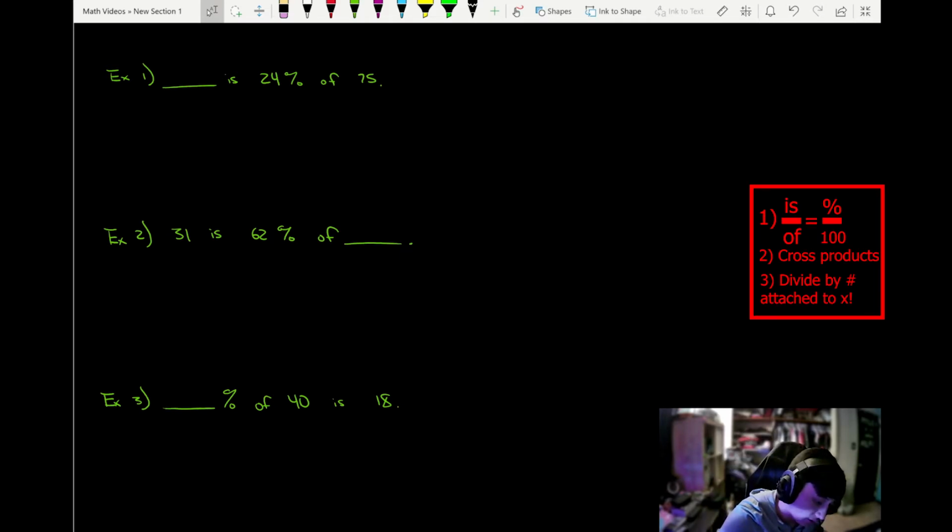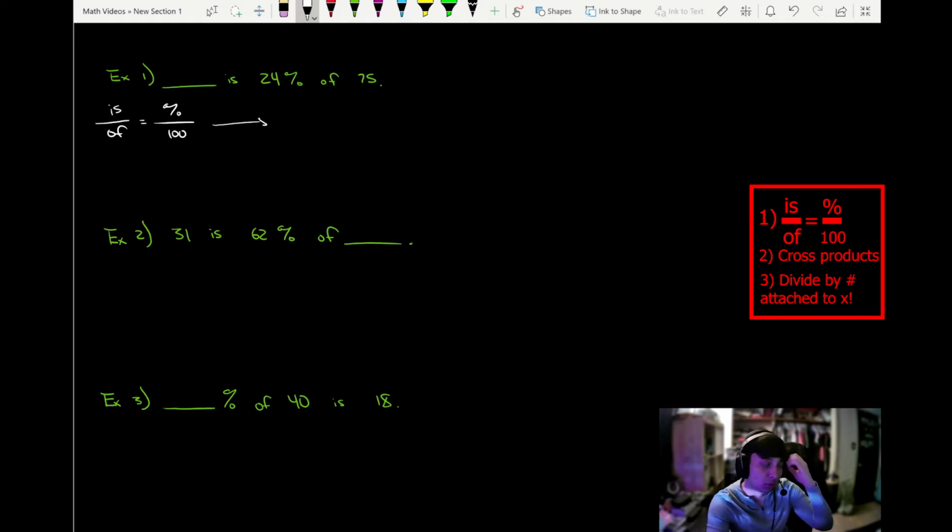So example 1 is blank is 24% of 75, right? So remember, first step, set up a proportion. So that's is over of equals percent over 100. So for us, that looks like blank is, so we don't know what is, right? So if we don't know what it is, we express that with a variable.